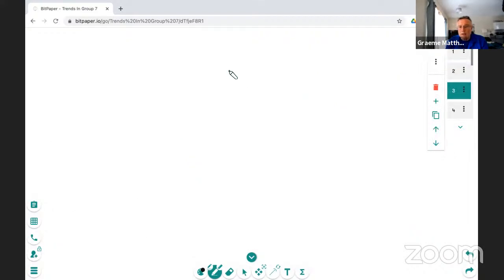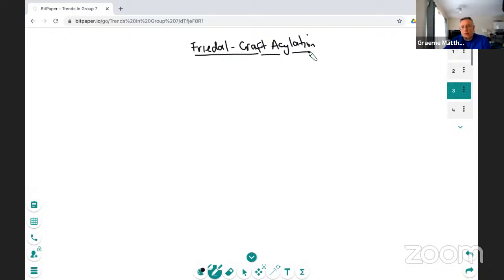So look, chemists, Friedel Crafts acylation then. Now, it's broken down into 3 parts. Once you've done one, you've done every one of them, chemists.